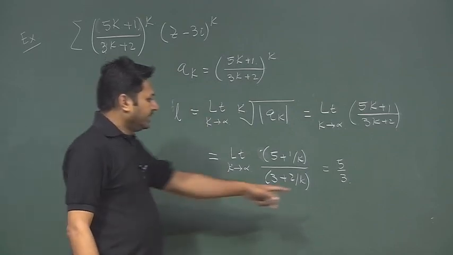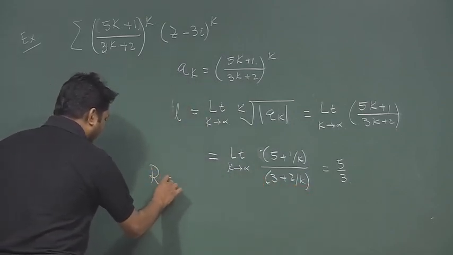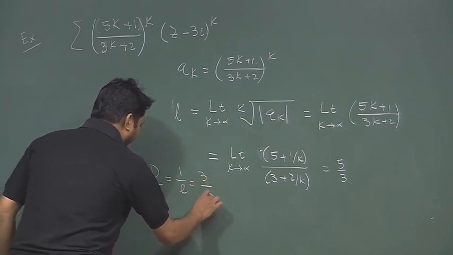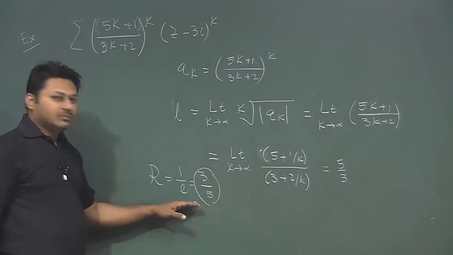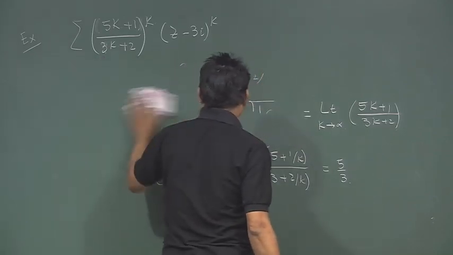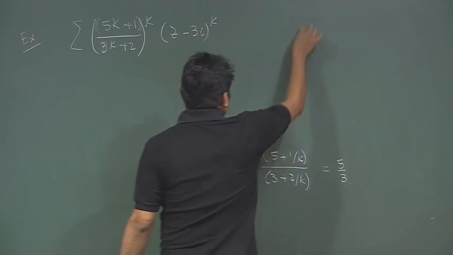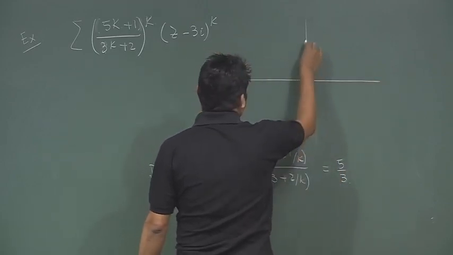L becomes 5 by 3, so R, which is 1 by L, will be 3 by 5. So, 3 by 5 is my radius of convergence, and the way we did in the previous problems, here also we can find the region. 3i is somewhere here.